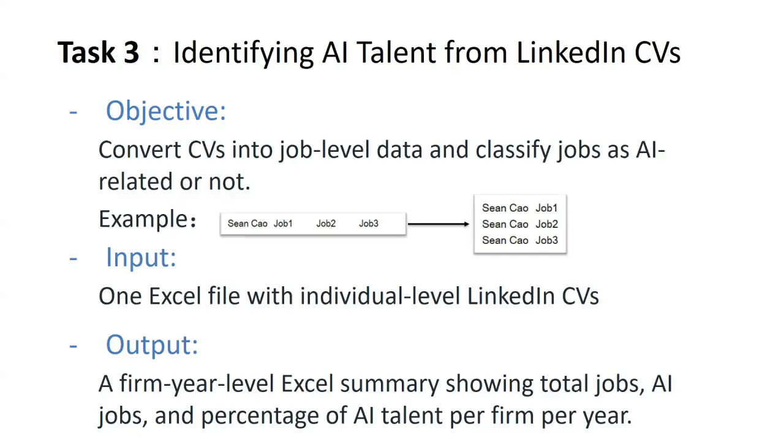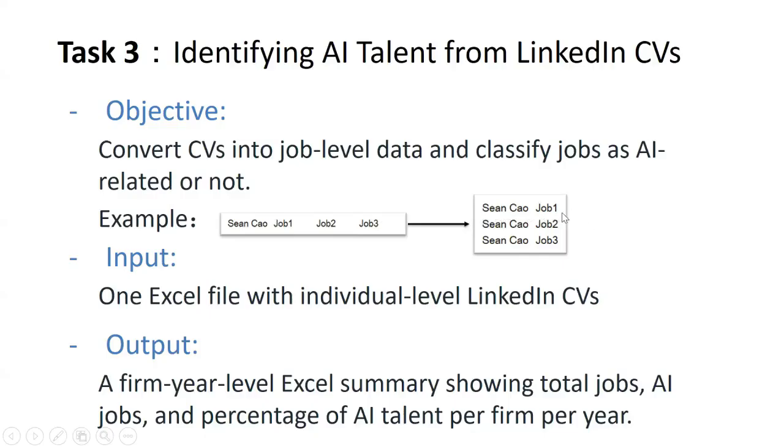One thing I want you guys to be aware of, you have to do some structural conversion. What do I mean by structural conversion? So look at this, this is my CV. I'm Sean Chow. My job 1 is at a high school, job 2, university, job 3, professor. So I have 3 jobs. What you want to do is convert the CV structure into a job-level structure.